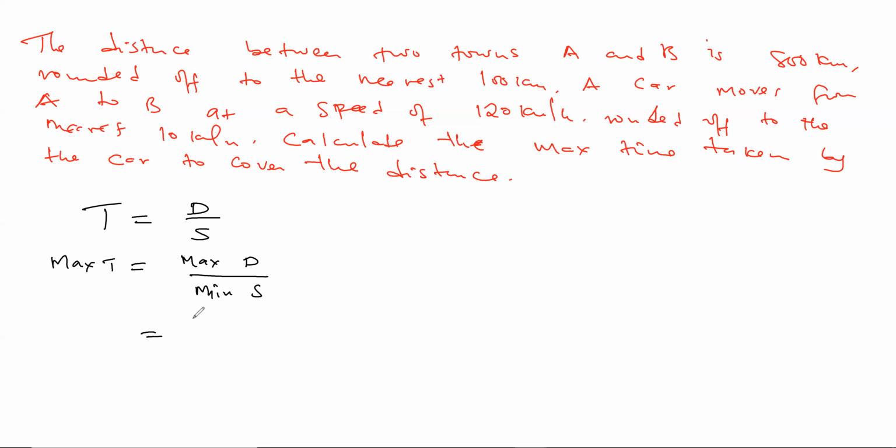So maximum distance will be 850 kilometers over. Minimum speed is 120, but there is an error by 10 kilometers per hour. So in Amanisha, absolute error will be 10 divided by 2, which is 5. So minimum speed is supposed to be 120 minus 5, which is 115 kilometers per hour.